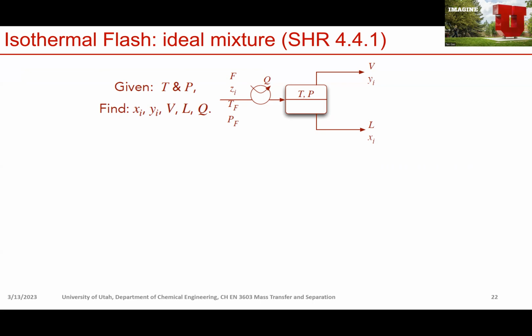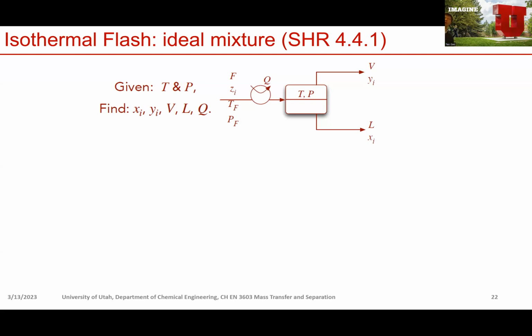Again, we know the composition and flow rate of the feed. Based on the degrees of freedom analysis, once temperature and pressure are given there's no degree of freedom left, so we should be able to solve for all the other unknowns: the composition in the liquid and vapor streams, the flow rates of vapor and liquid, as well as the duty on the heat exchanger.